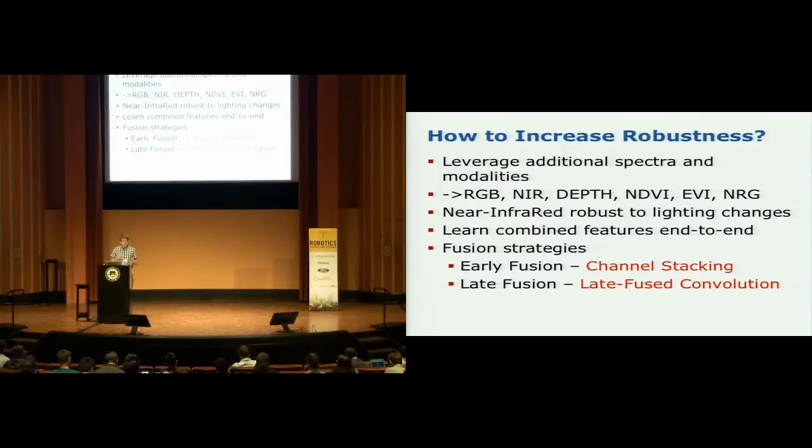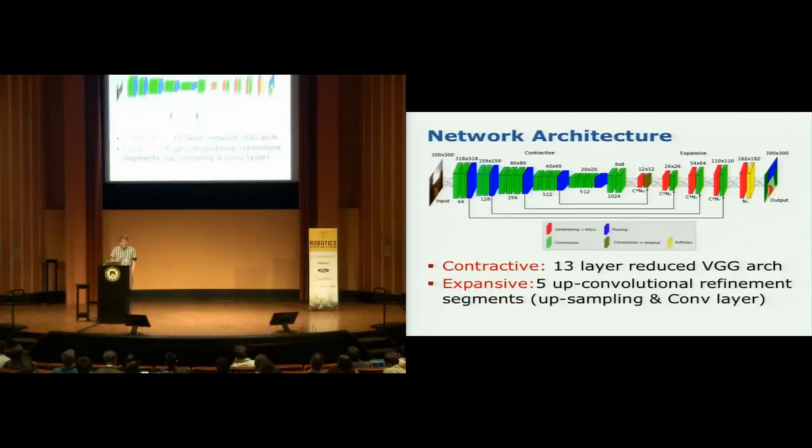If we have all these features, they have to be fused together somehow. We present 2 strategies to fuse them together. One is early fusion, using channel stacking, and one is late fusion, using a late fused convolution. So how does our architecture look?